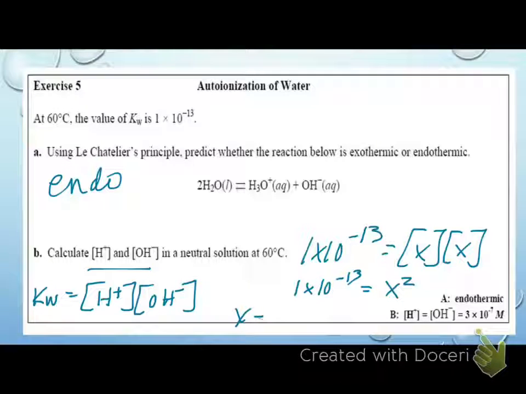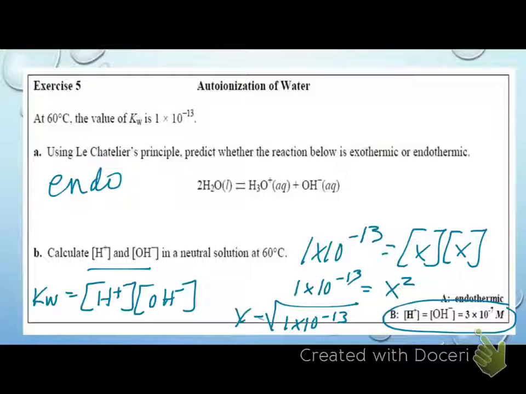So to get each value, it would be the square root of 1 times 10 to the negative 13. Simple math? Quick maths. So when you take the square root of that, you get this number right here. Because once you know one, you can find out the other.